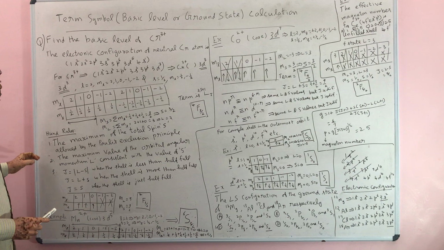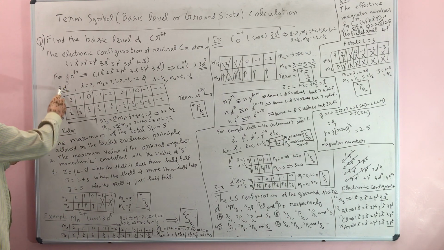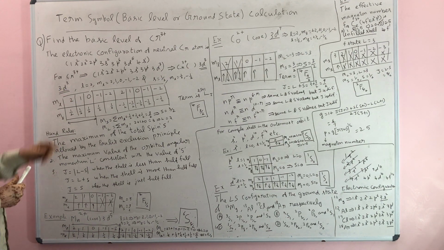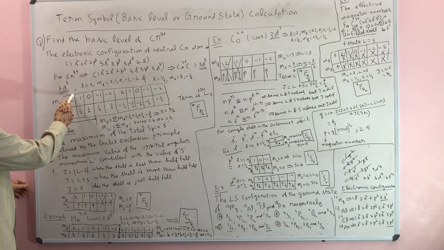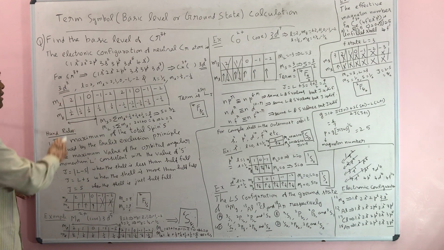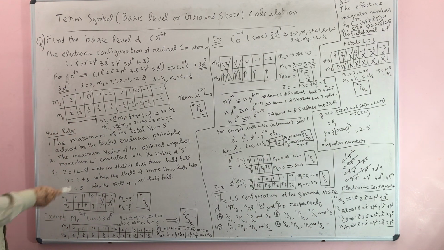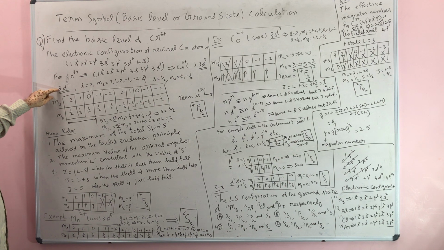Here we are taking only 3 electrons because there are 3 electrons in the 3d state. Suppose one electron takes one state, the second electron cannot take the same state. The same 2 plus half cannot be taken, because n and l are already equal: n is equal to 3, l is equal to 2.